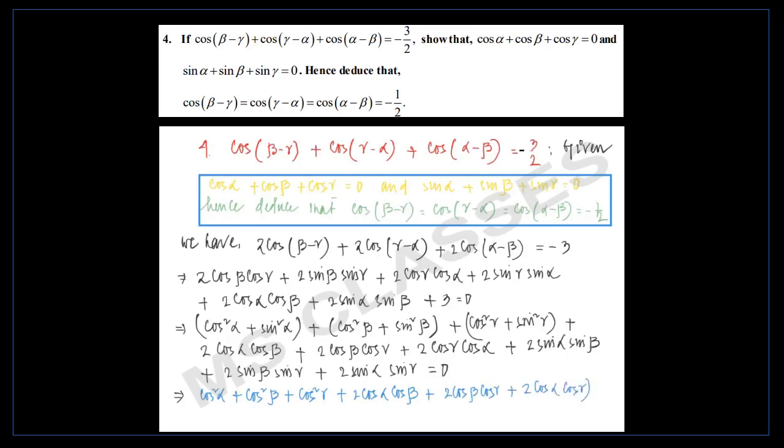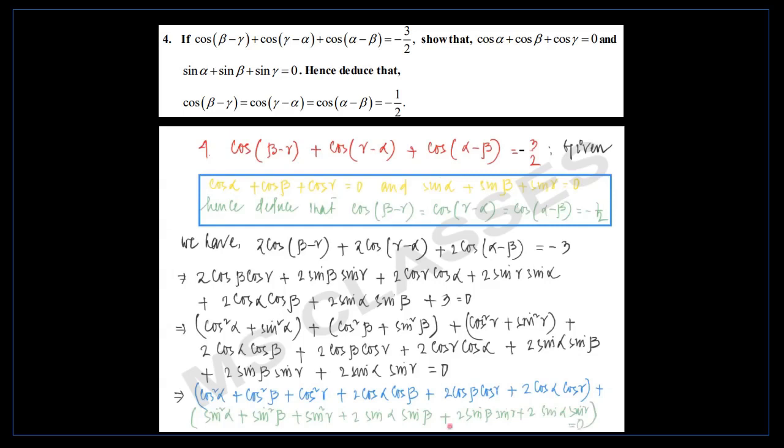This we take together, and the sine part also we take together. That is sine square alpha plus sine square beta plus sine square gamma plus 2 sine alpha sine beta plus 2 sine beta sine gamma plus 2 sine alpha sine gamma equal to 0.